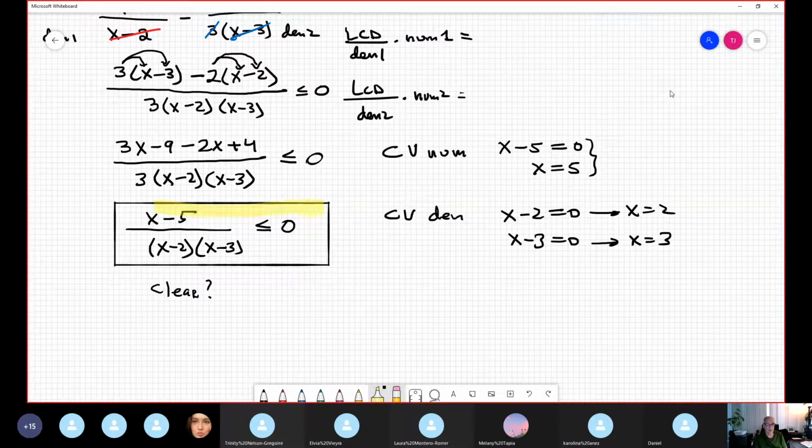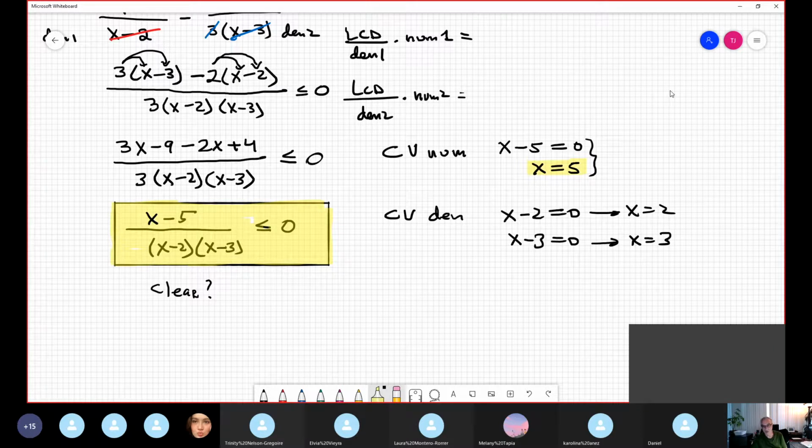And this is our inequality I need to study. Therefore, I take the expression in the numerator and force it to be 0. And this is the critical value, 5. Clear so far? Okay, super.